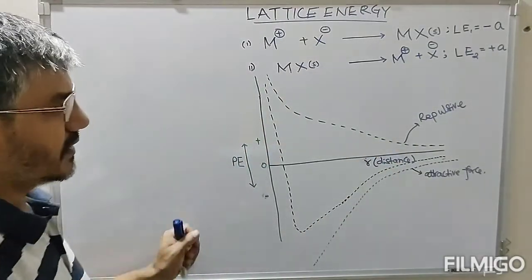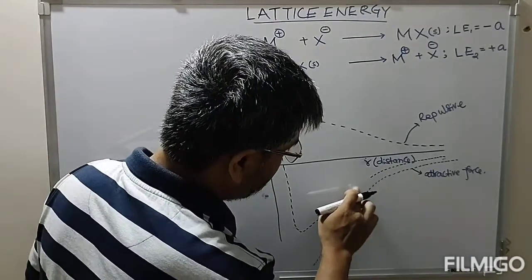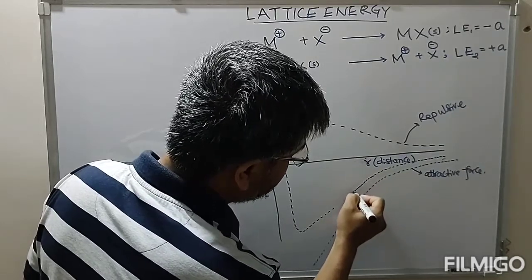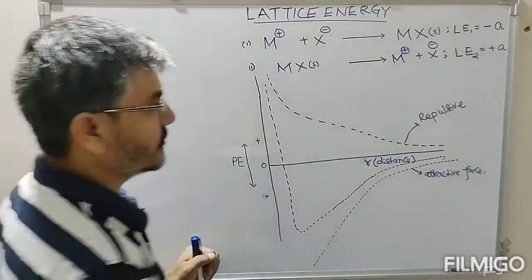This is the net resultant variation of the potential energy obtained by combining the attractive force and the repulsive force.